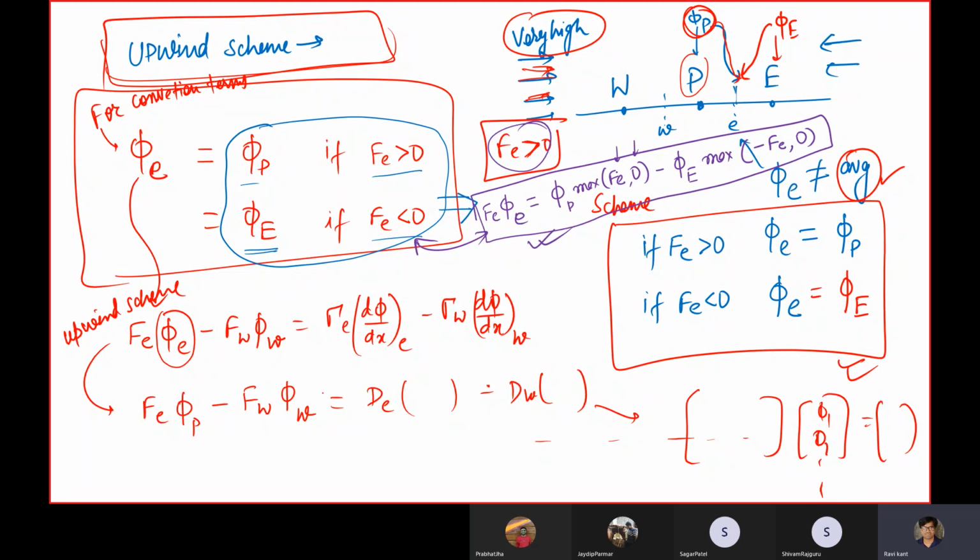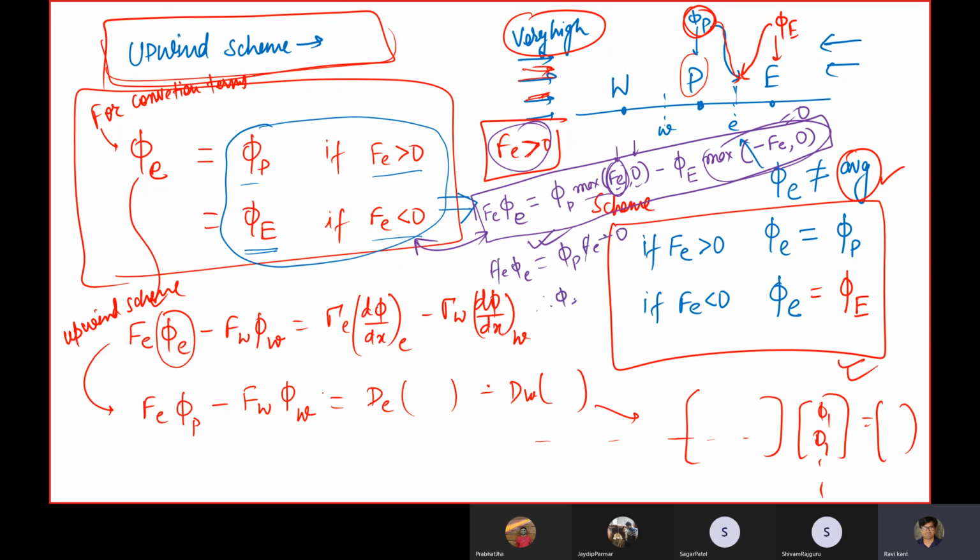Why? If your Fe is greater than 0, then max of Fe and 0 is Fe. So your function will be phi P Fe, and here the other term will be minus Fe, which is less than 0, so the max of this function will be 0 and this term goes away.